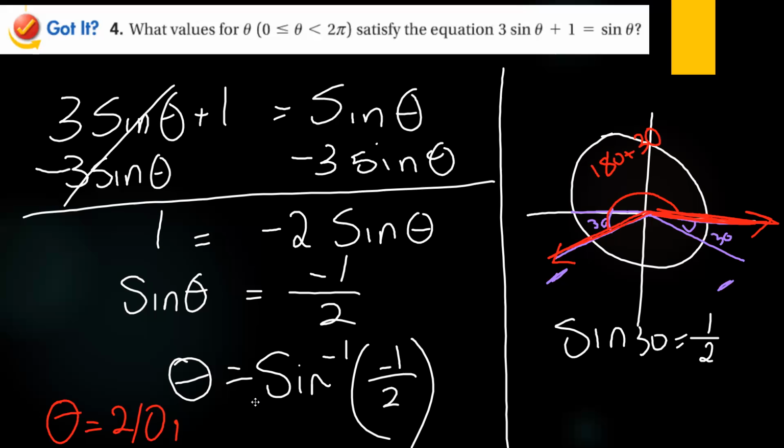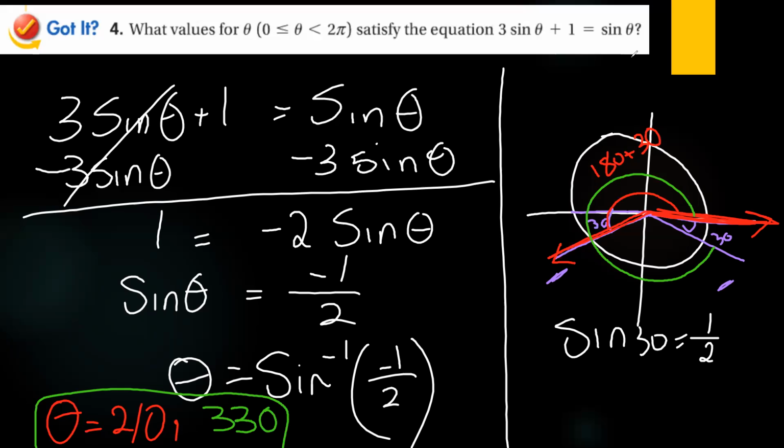Now for the second one, we need to find the measure of this angle. This one here, the green one, will be 360 minus 30, or 330. So the two angles whose sine is negative half are 210 and 330.